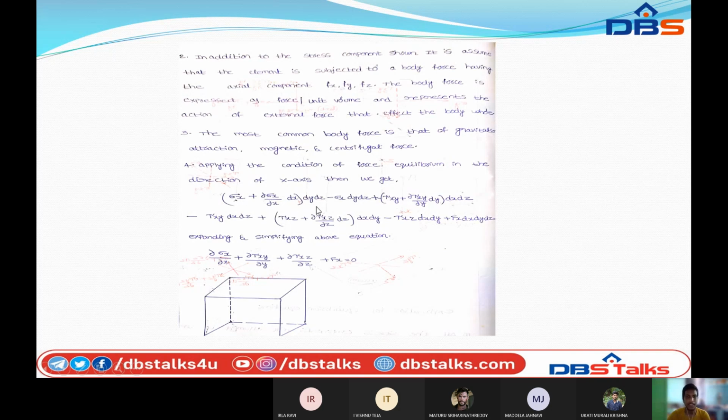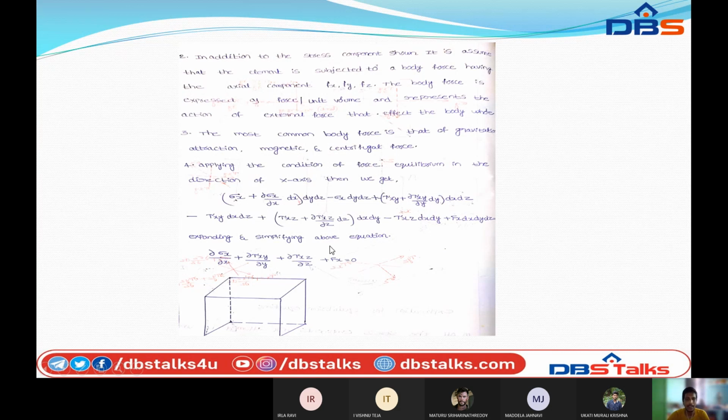After then, minus sigma x dy dz plus tau xy plus dou tau xy by dou y dy dx dz, because I am taking the stresses in x direction only. After then, simplifying the above equation: dou sigma x by dou x plus dou tau xy by dou y plus dou tau xz by dou z plus fx.